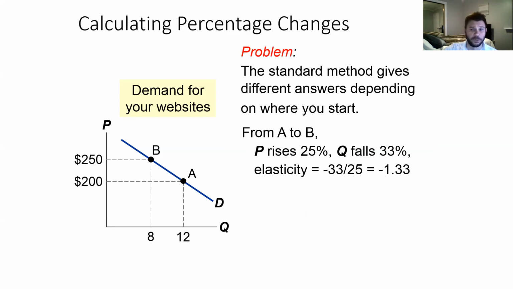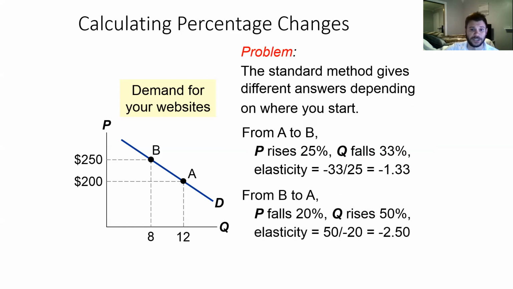However, if we move from B to A, meaning the original price was up at 250, now when we drop the price by $50, that only represents a 20% fall in the price. And the change in quantity from 8 to 12 represents a 50% increase in the quantity, giving us an implied elasticity of negative 2.5.